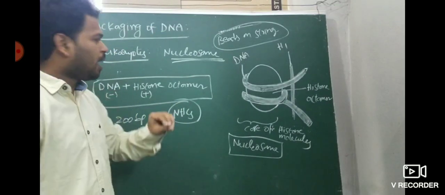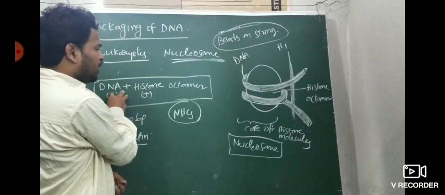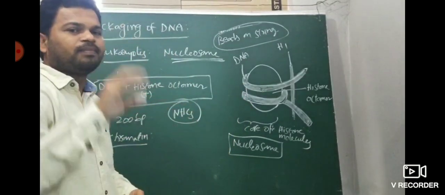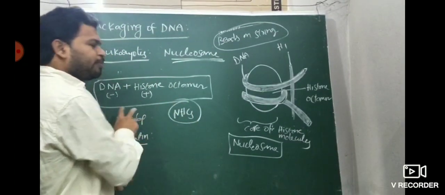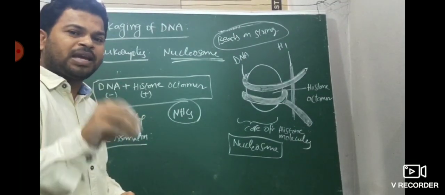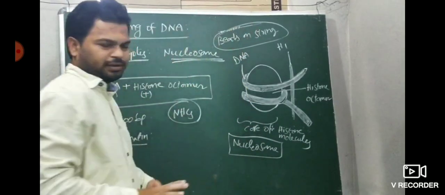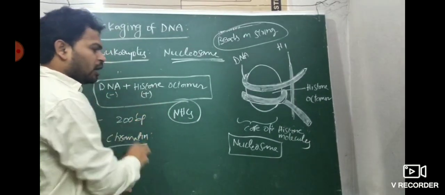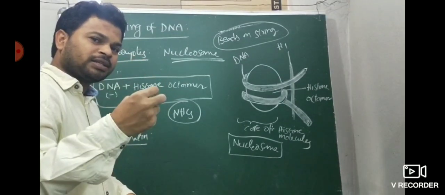Everyone, I am going to repeat this. Nucleosome means negatively charged DNA wrapped around a positively charged histone octamer. Each nucleosome consists of 200 base pairs. Nucleosomes appear under the electron microscope as beads on a string in the nucleus.